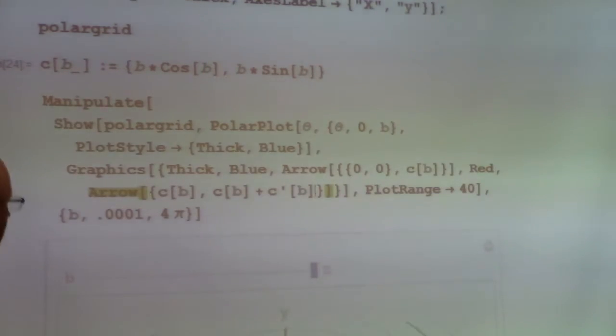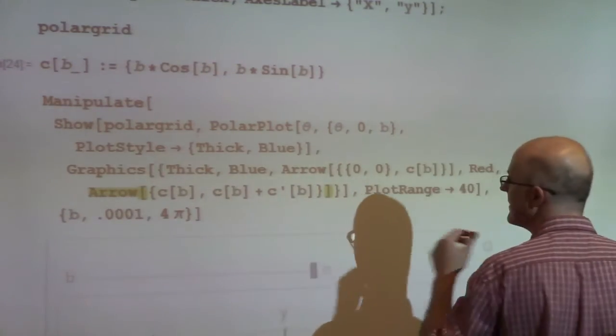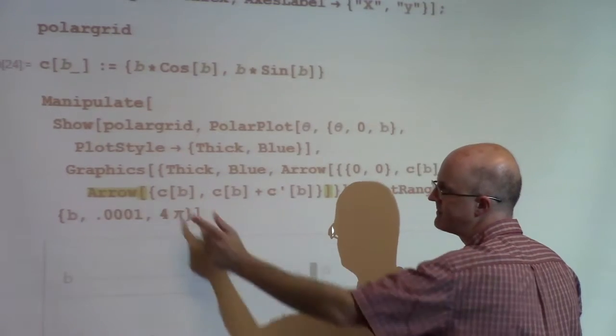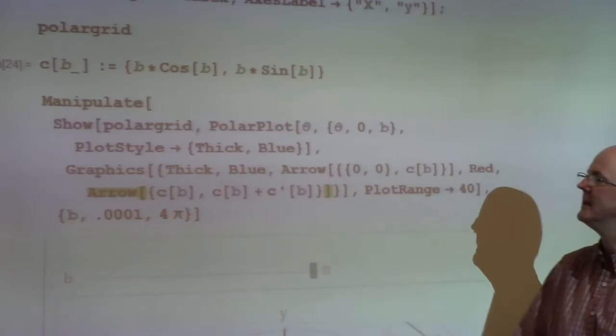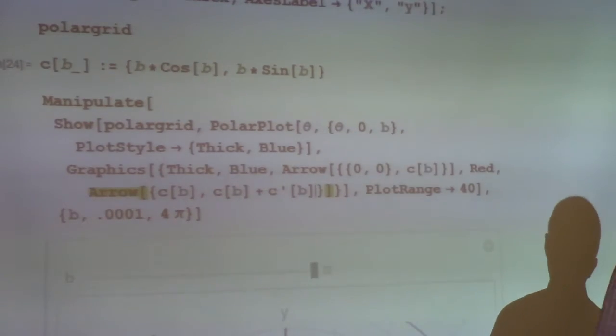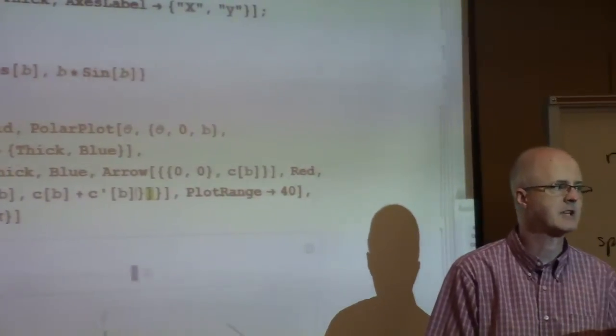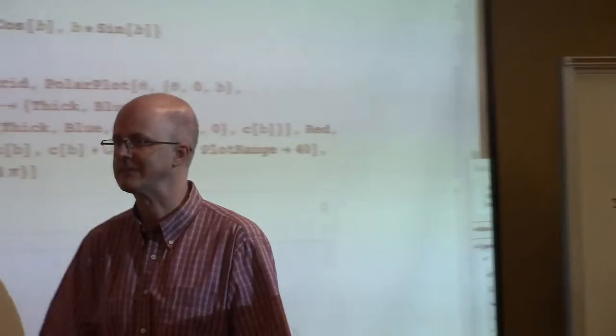Now it's really the c prime that's the velocity vector itself, not c of b. But putting this first makes the velocity vector based at the location of the object as it moves, and adding the derivative makes it go in the right direction and have the right length. It makes the end point of the arrow be at the right spot. I'm not explaining that very well.